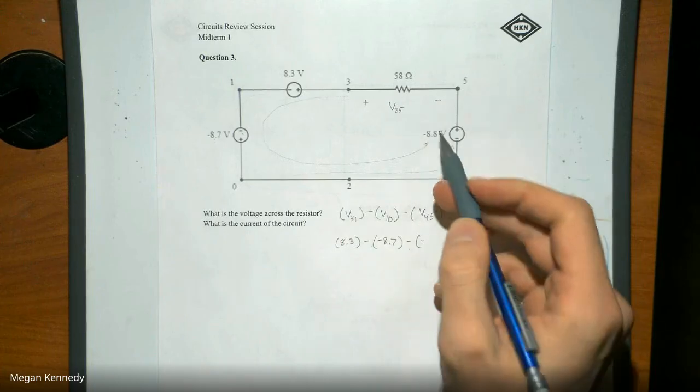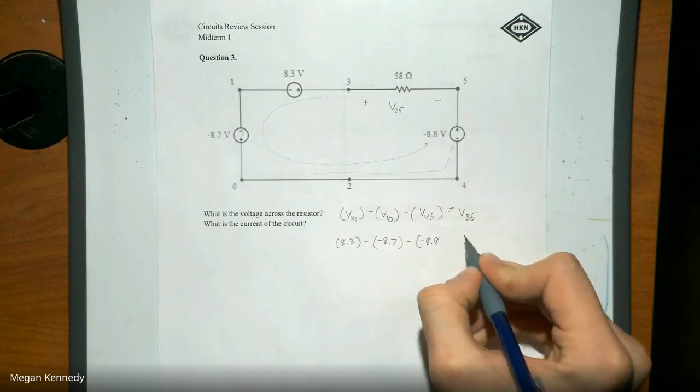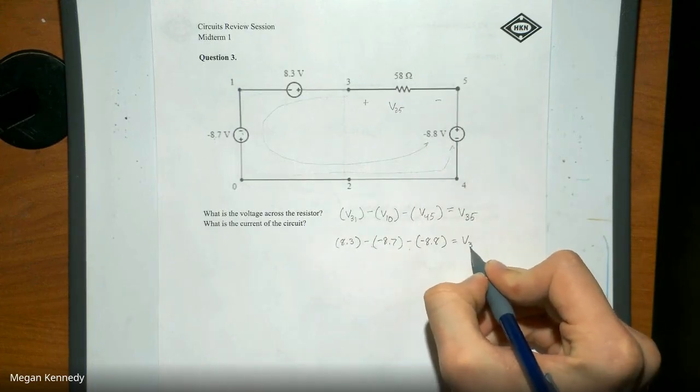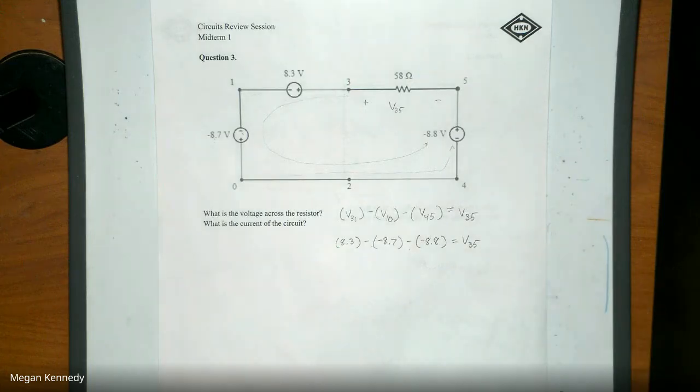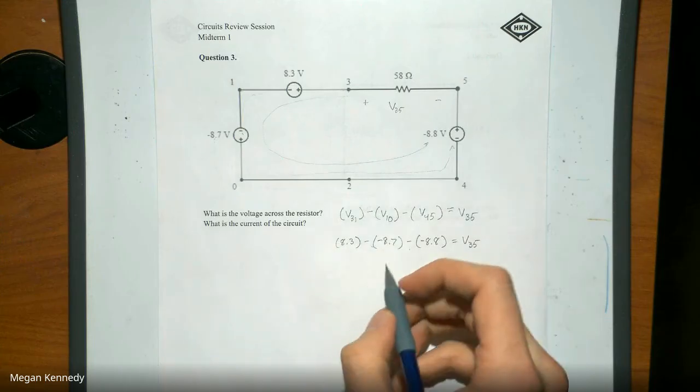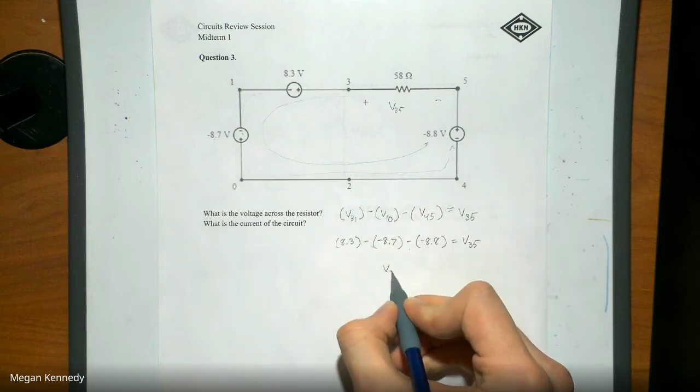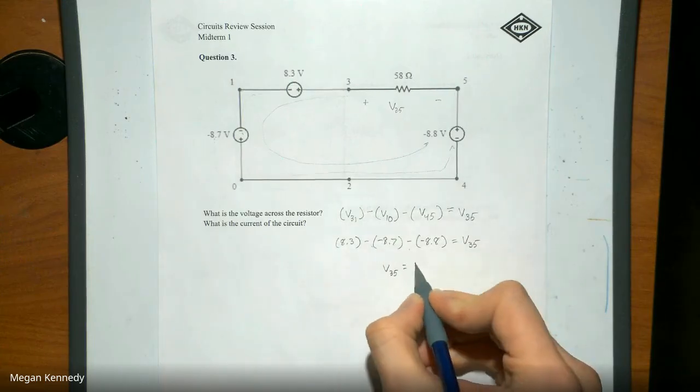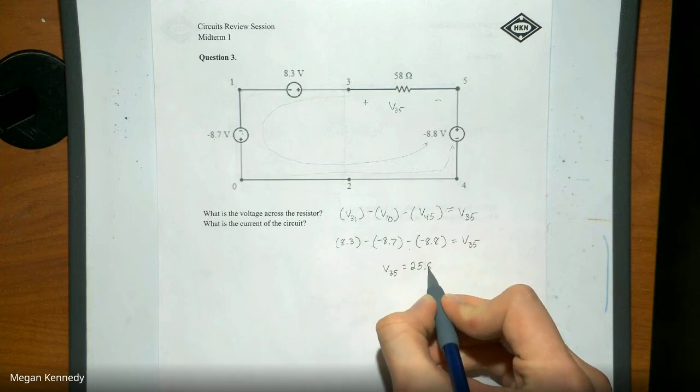So we have a minus, then negative 8.8. It's equal to V35. So now when you solve this, you can see that our voltage, V35, is equal to 25.8 volts.